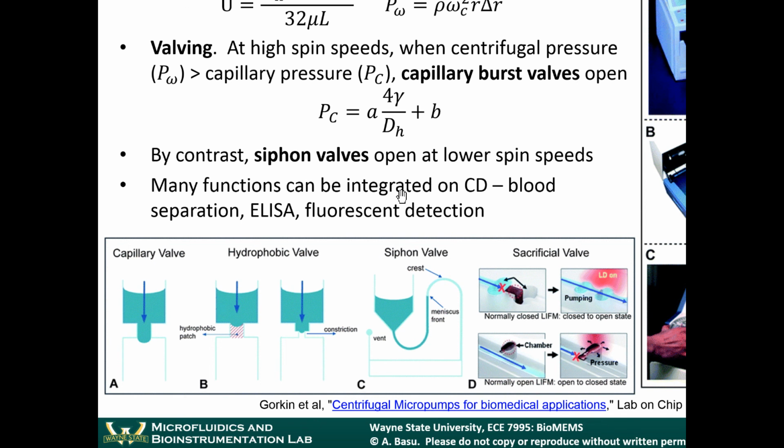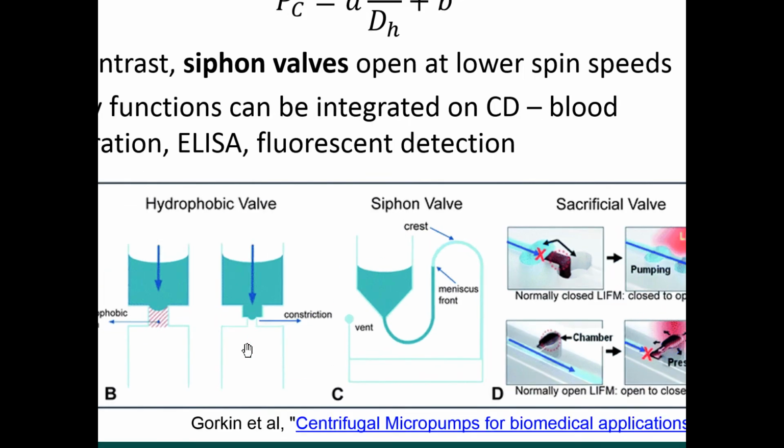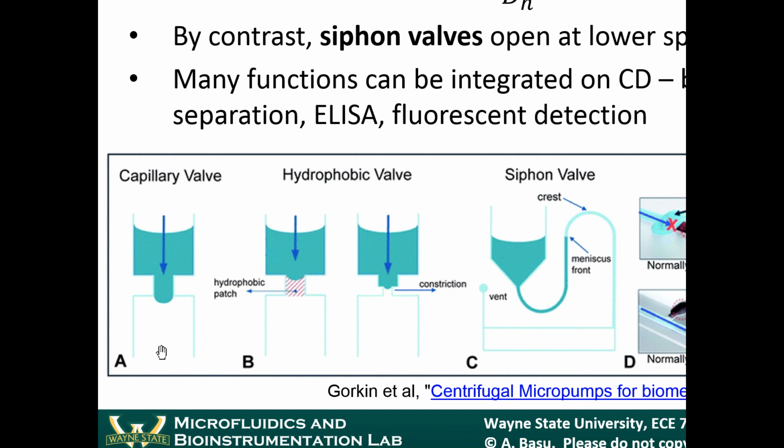And the hydrophobic valve works on a similar principle, except it also takes advantage of some surface properties. You can also put a hydrophobic patch into the constricted region, or you can have an even larger constriction here. Each one of these types of designs will have a different capillary pressure. The fact that this is hydrophobic will further prevent the liquid from even entering the constriction.